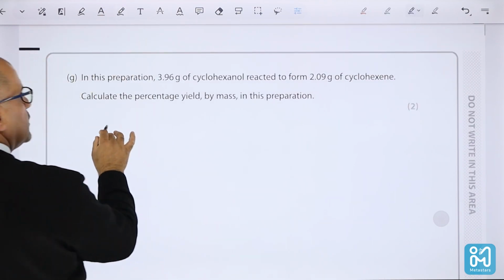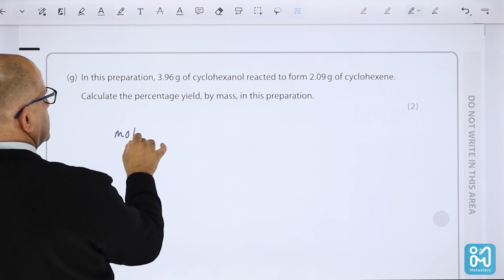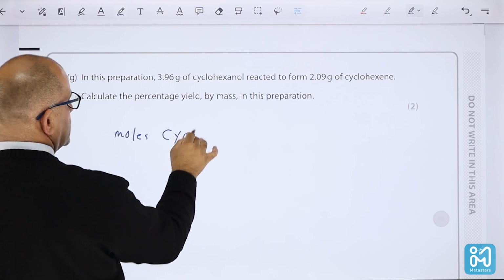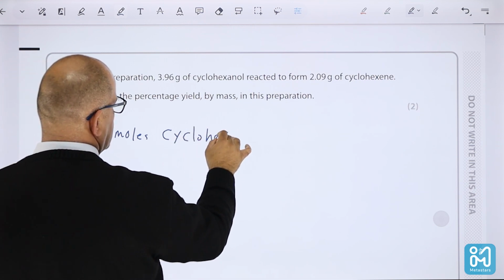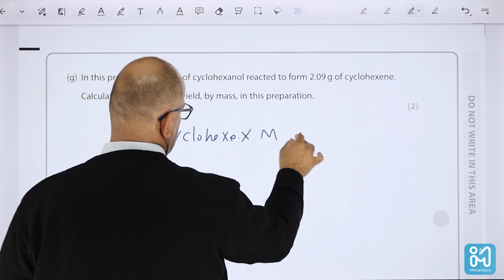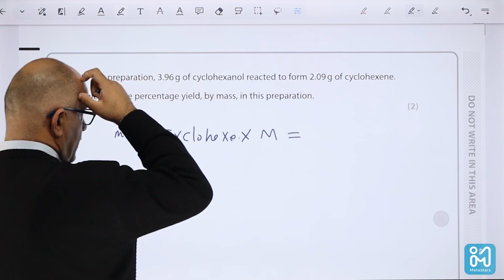Overwrite. First, you can find the moles of cyclohexanol, since the molar ratio is one to one, times its molar mass, this will give you the mass of cyclohexene.